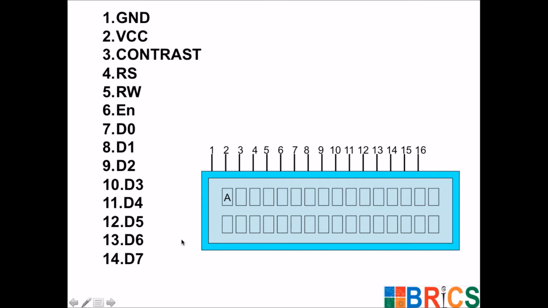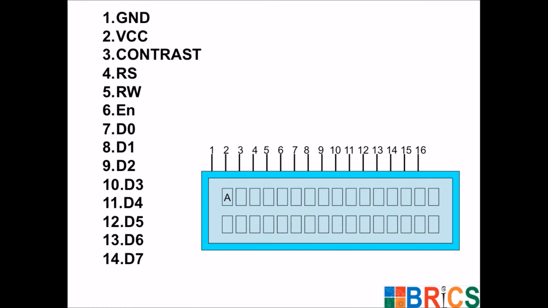Next 4 pins are pin number 11, 12, 13 and 14. These pins are called D4, D5, D6 and D7. These 4 pins are used for communication purpose. Whenever we want to send some data, we can send those numbers using these 4 pins.